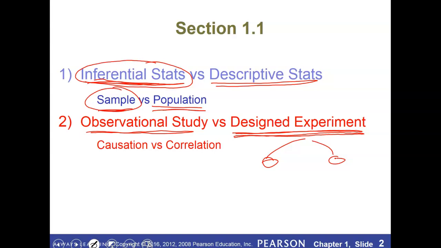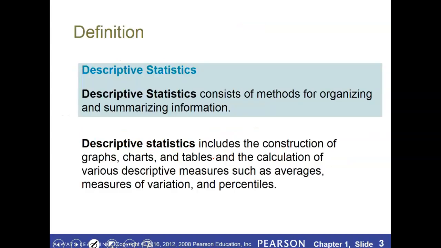If it's a designed experiment, then we can say there's a causation. The drug is causing certain side effects, or the drug is causing maybe cancer to decrease or whatever. If it's an observational study, then the best we can do is say that there's a correlation between two things, but we really can't say that there's a causation. And we're going to get into that in this video.